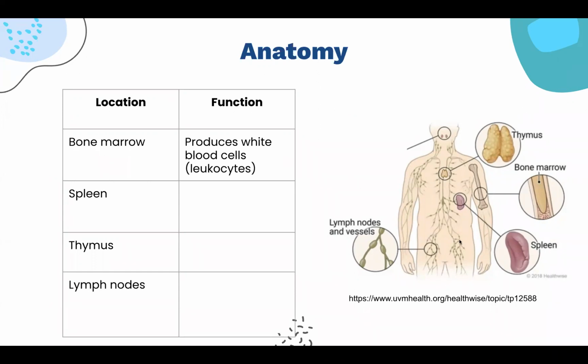The spleen over here, I don't know if you guys can see my cursor, but in the diagram where the spleen is, does anyone know what that does? Any guesses? And production of the immune.